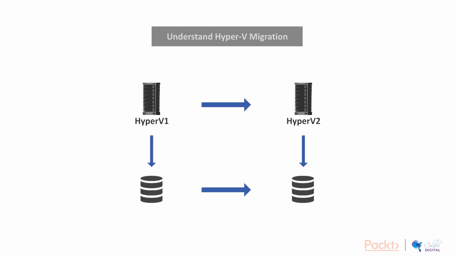We need to transfer VM1 over to another computer. Now, the old way to do it was by powering down the virtual machine, exporting it out, doing the file copy, and importing it into the second Hyper-V host. But here, with shared nothing live migration, we can just take a second Hyper-V host and transfer over the running CPU and the memory state of the virtual machine right there from Hyper-V1 to Hyper-V2.